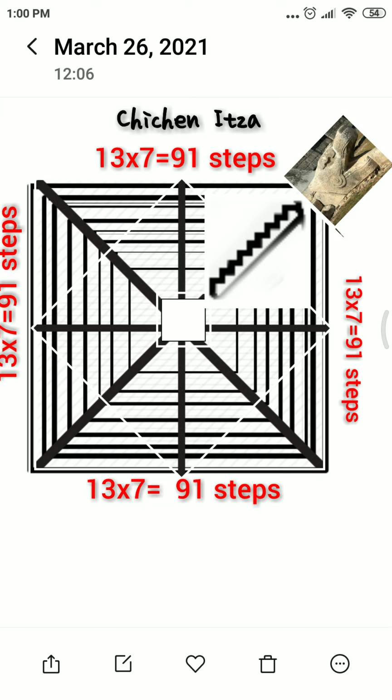The second way of coming up with the number 91 is 64 plus 27, that is 64 being 4 cubed, 27 being 3 cubed.